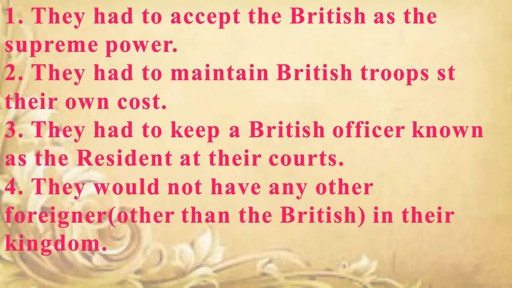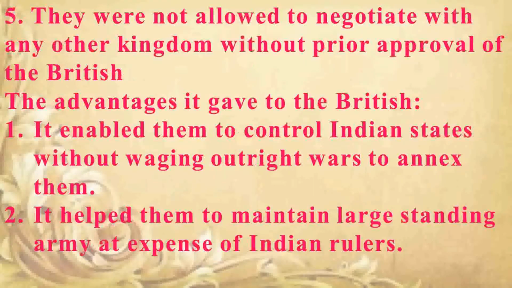They had to maintain British troops at their own cost. They had to keep a British officer known as the resident at their courts. They would not have any other foreigner other than the British in their kingdom. They were not allowed to negotiate with any other kingdom without prior approval of the British.